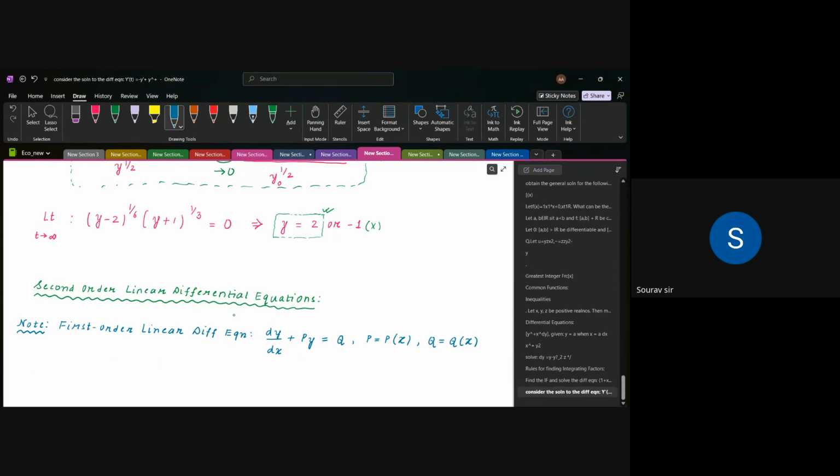Correct? Now when we talk about the second order, you will have the second order term as well.